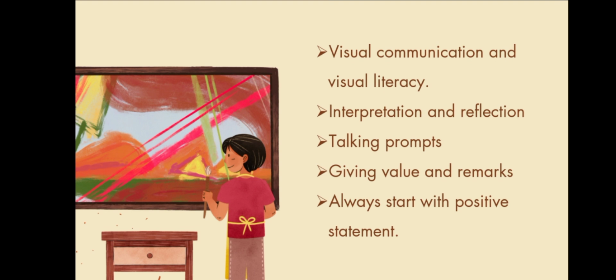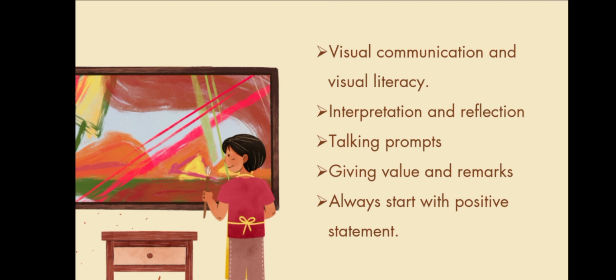So visual communication and visual literacy play essential roles in art appreciation by enhancing the viewer's ability to interpret, understand, and communicate through visual images. This concept focuses on the visual elements, principles, and language of art that enable individuals to analyze, critique, and appreciate artworks in a more informed and meaningful way.